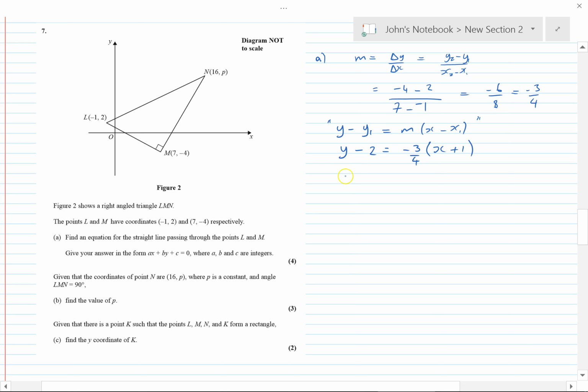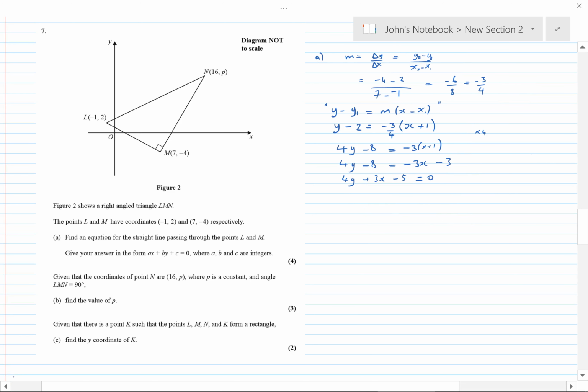Let's multiply through by 4. 4y minus 8 is equal to minus 3 times x plus 1. So 4y minus 8 is equal to minus 3x minus 3. So we have 4y plus 3x minus 5 equals 0.